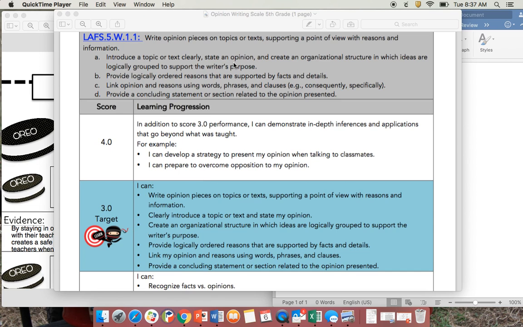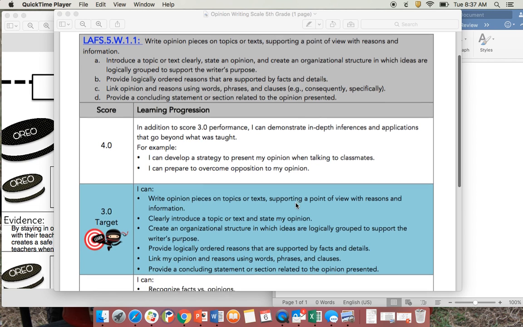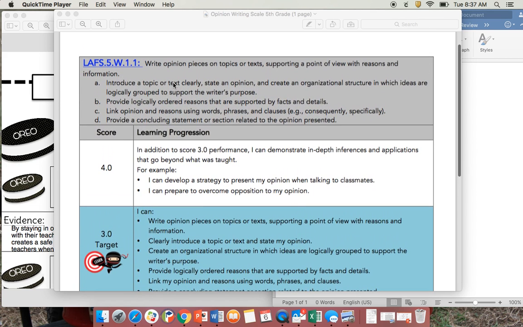I'm going to refer back to our scale that we learned about in our previous live lesson, which told us what we would be learning about with opinion writing and what the requirements are. If you notice, our main scale's goal is to write an opinion piece on a topic or text, supporting a point of view with reasons and information.